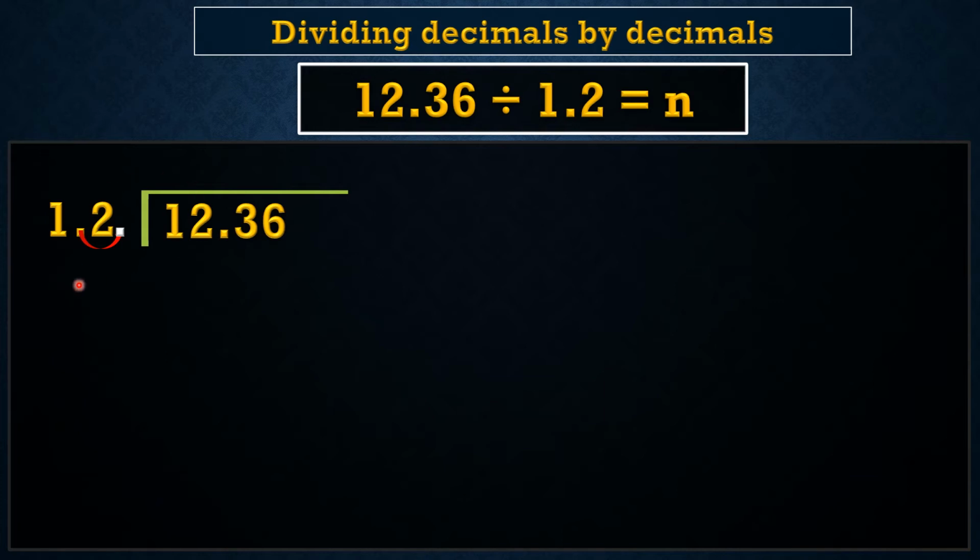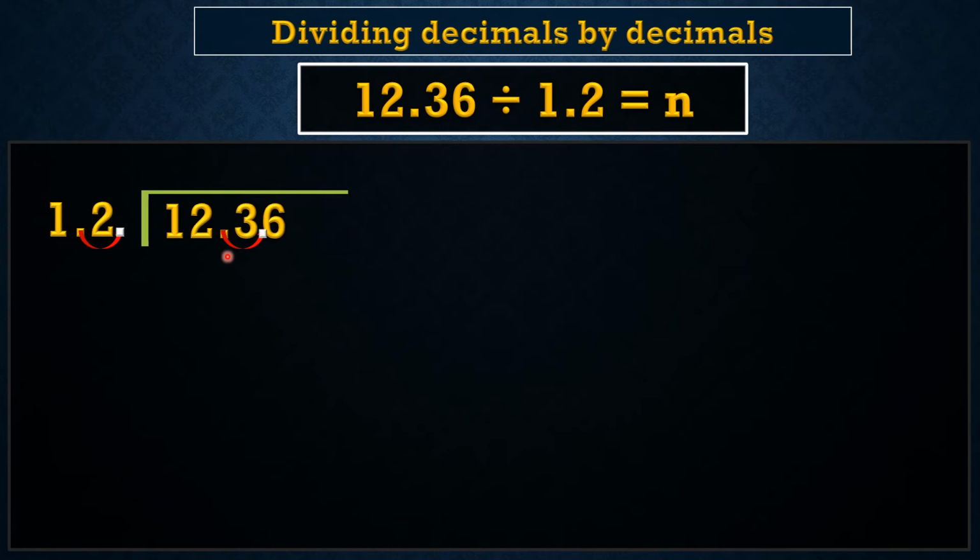Whatever you do in your divisor, you have to do also in your dividend to make them equal. Since we moved one decimal place to the right in our divisor, we also need to move one decimal place in our dividend. So here we go.